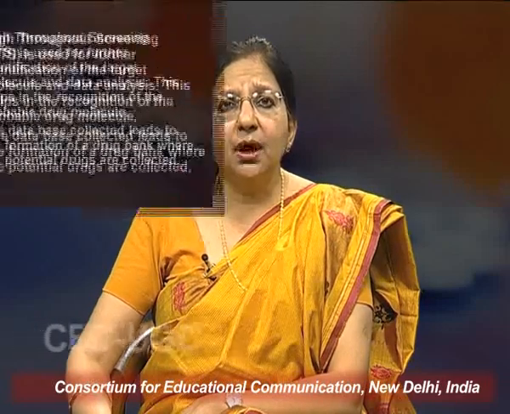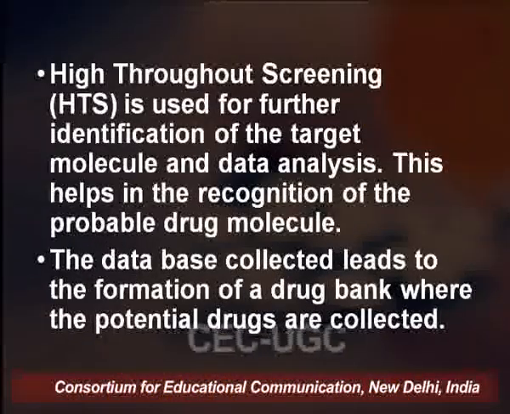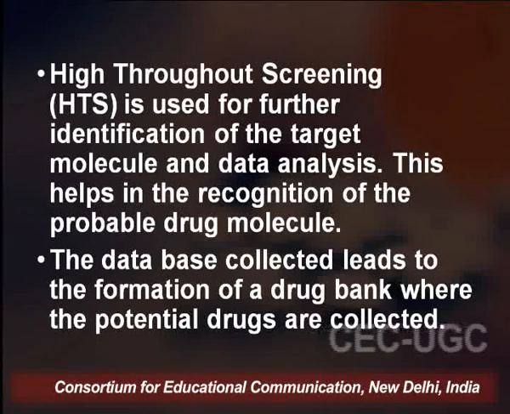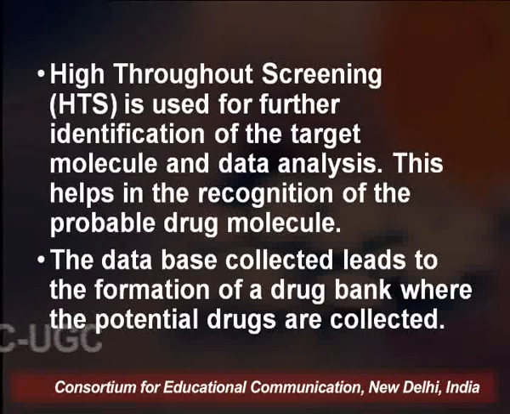It begins with the 3D structure of the target molecule being identified by NMR spectroscopy or X-ray crystallography. High throughput screening, HTS, is used for further identification of the target molecule and data analysis. This helps in the recognition of the probable drug molecule.